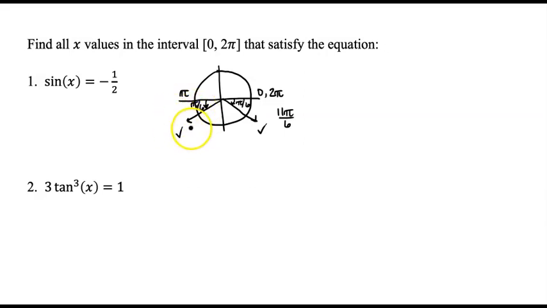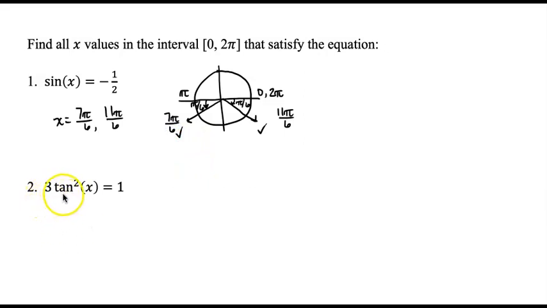Now to get to this angle here, we have pi, and we're going in the counterclockwise direction, pi over 6. And when we travel counterclockwise, that means we're adding. So we're taking pi over 6 plus pi, and that's going to give us 7 pi over 6.